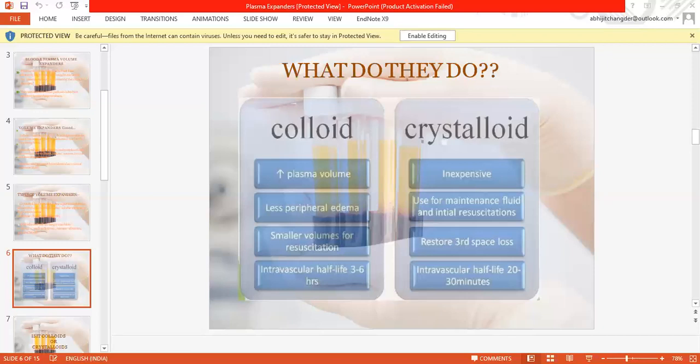Then comes dextran. Dextran is a polysaccharide obtained from sugar beet, which is available in two forms: dextran 70 and dextran 40. The more commonly used preparation is dextran 70.